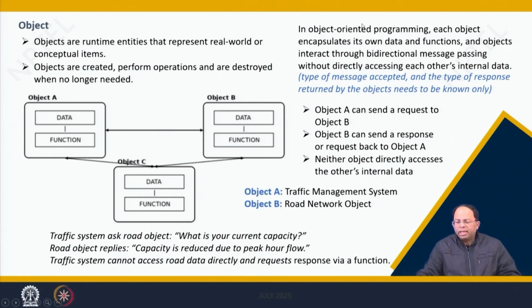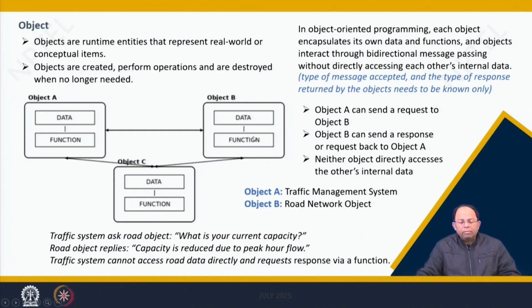So what we do over here is, each object encapsulates its own data and function, and the objects interact through bidirectional message passing without directly accessing each other's internal data. So that means what kind of message would be accepted and what type of response would be returned is only known by the object to which I am sending the data.